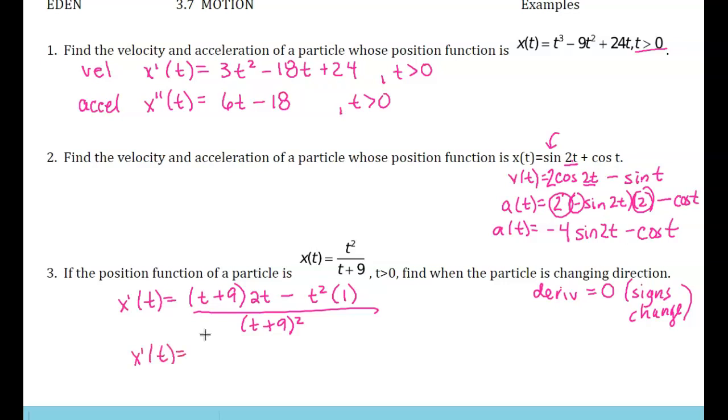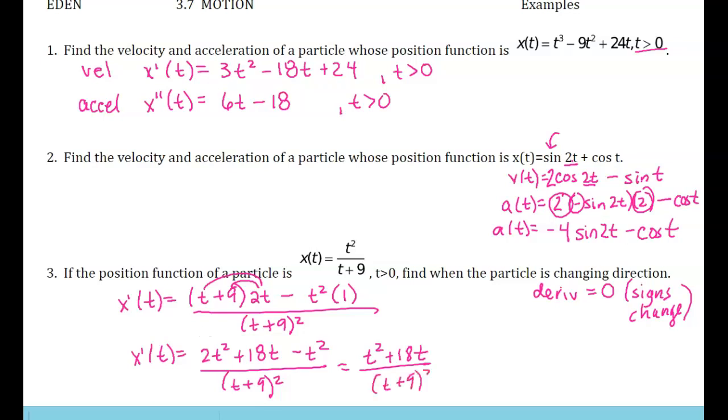So if we distribute, we get 2t squared plus 18t minus t squared. And that simplifies to be just t squared plus 18t. Okay, now I could do common factoring, but nothing's going to reduce, so this would be okay.